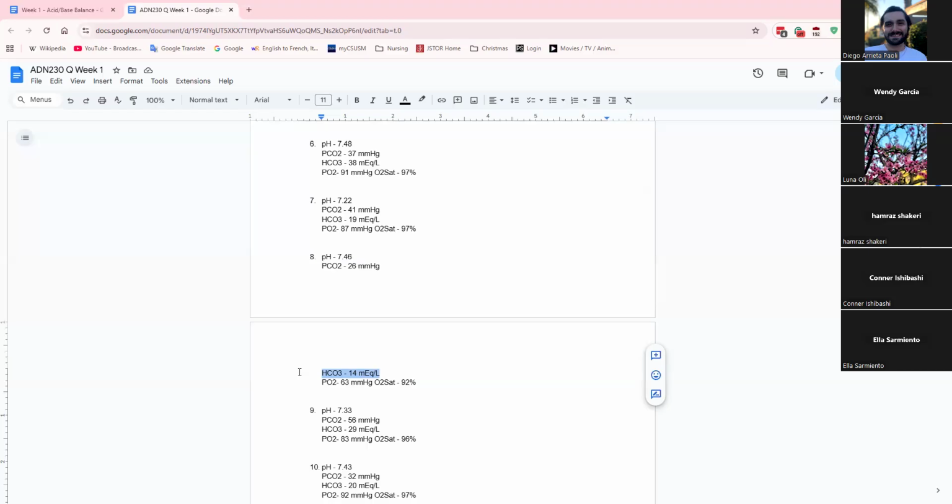That third value is abnormal because it's trying to compensate. It doesn't fully compensate because you see that your pH is not normal. So this is a partial compensation. There is an attempt to compensate. It has not fully compensated because the pH is still abnormal. Does that make sense?